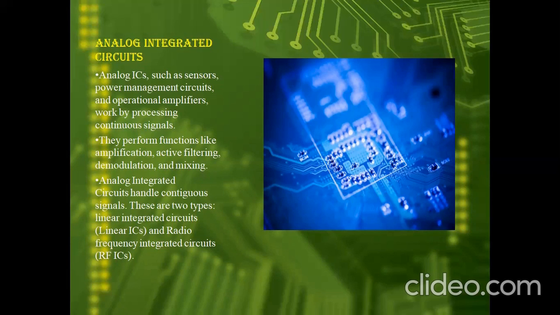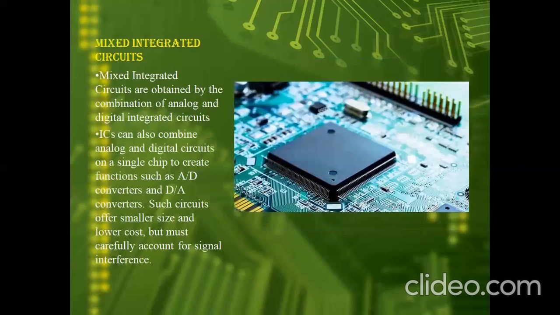They perform functions like amplification, active filtering, demodulation, and mixing. With the help of analog ICs, we can perform amplification, different types of filtering, demodulation, and mixing. There are two types: linear integrated circuits, linear ICs, and radio frequency integrated circuits, RF ICs.